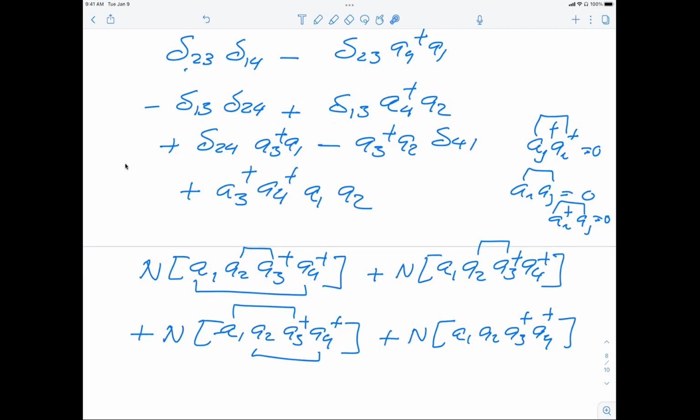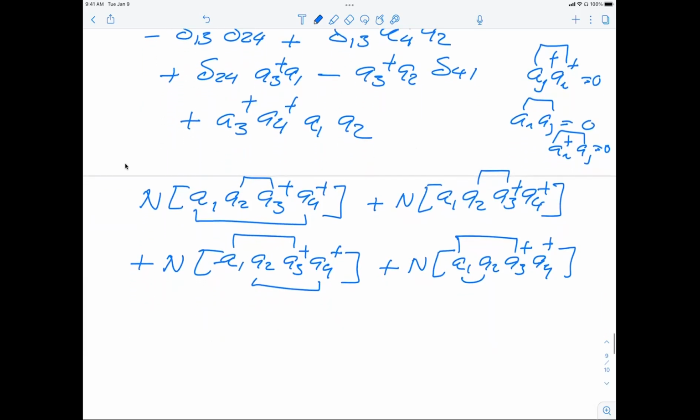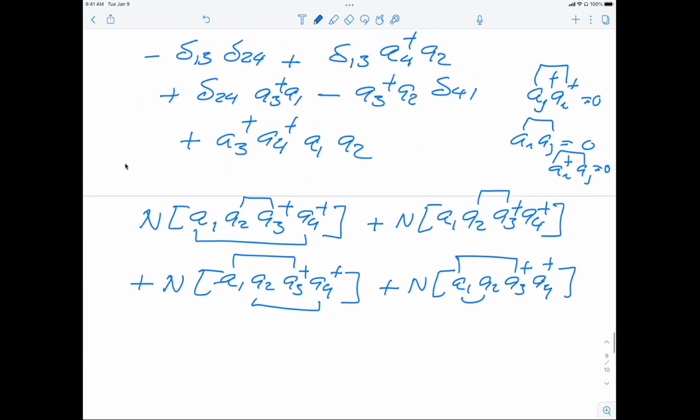Okay, so the next one, which you see here, is a delta 1, 3. So we have this specific contraction like that, and then we have the normal ordering of A4 and A2. So in order to bring these two operators, A1 and A3, close to each other, we have to flip A2. That gives a minus sign, and then we flip A4 and A2, so that gives a plus sign. And then we are back to the right expression. So let's take the next term.